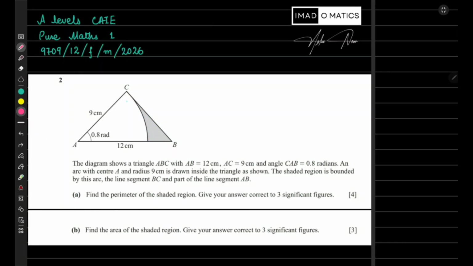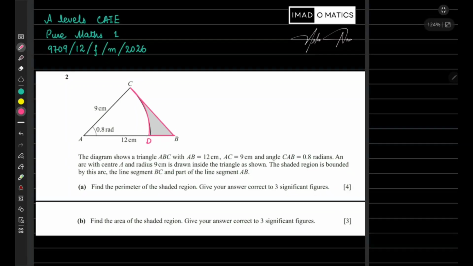Perimeter actually means the boundary of something, so the boundary of this shaded region. We need to add up these three dimensions: BC, the arc length, and, let's call this point D, the part DB.